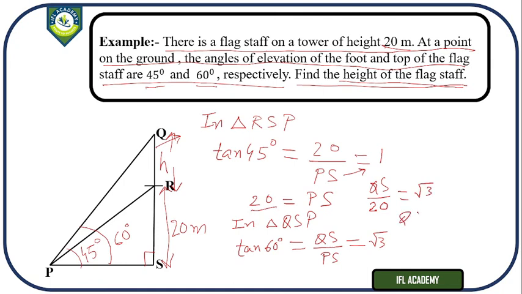So the value of QS is 20 root 3. And what is QS? QS is QR plus RS.